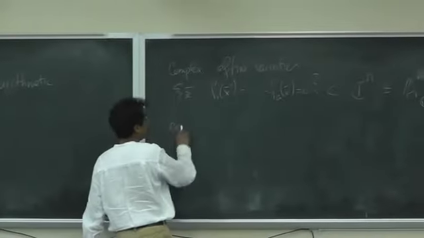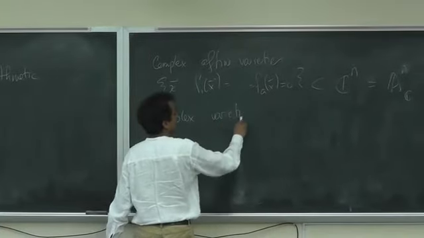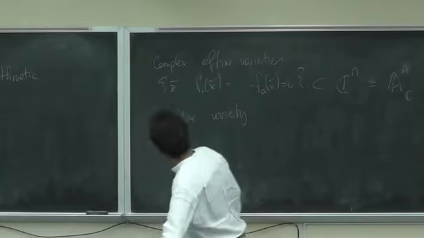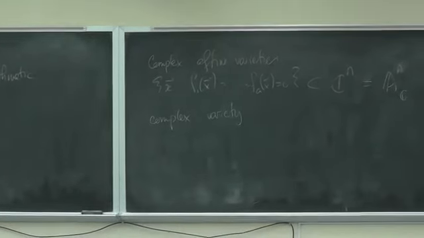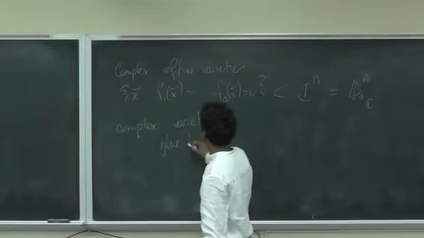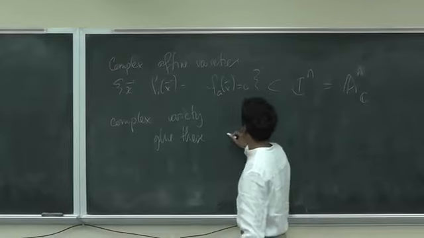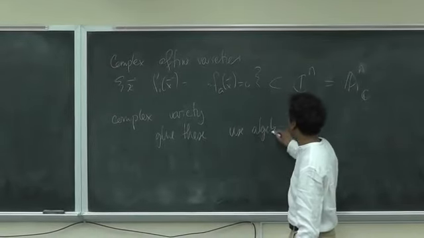What's a complex variety in general? Well, how do we define a manifold? We take little pieces of R^n, a real manifold, then we glue them together in patches. In a complex variety, you just glue these together, and we use only algebraic or polynomial gluing data.